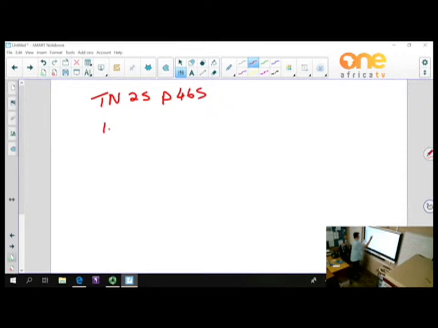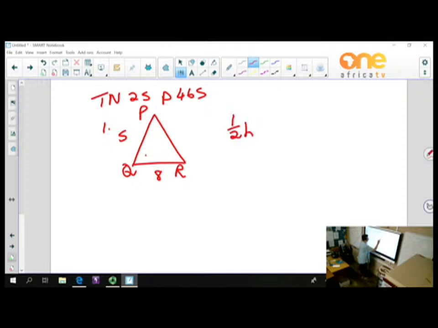In PQR, every time I'm going to draw the picture to find out which side is which one. Otherwise, you're going to struggle here. So PQ is 5, QR is 8, and now they gave us the area is 19 square centimeters, and we have to calculate Q. So it will still be a half of BC sine A. So now it will be a half of 5 times 8 sine A. This is what we want to calculate.